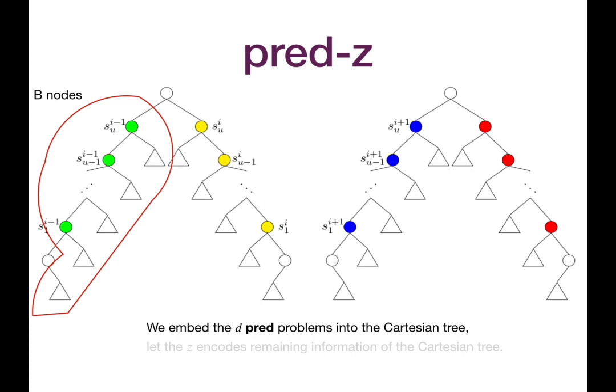The 2U data points in the subproblems are embedded into these two paths, and the other elements from the universe are embedded into the subtrees. To answer the predecessor search in subproblem I, we just return the lowest common ancestor of the dummy node corresponding to subproblem I and the node corresponding to element X in subproblem I.